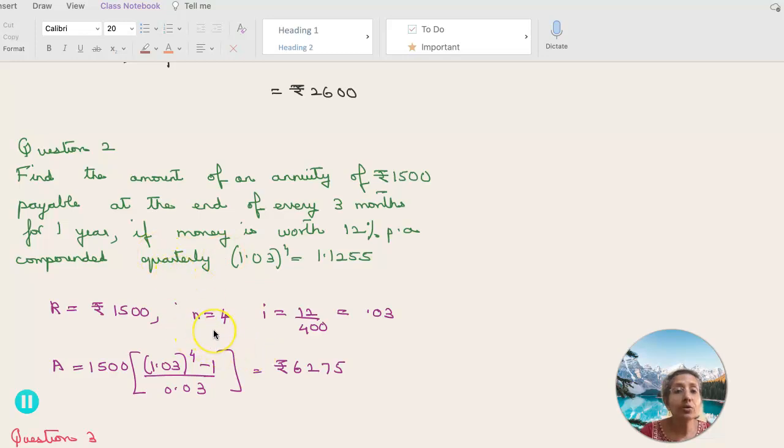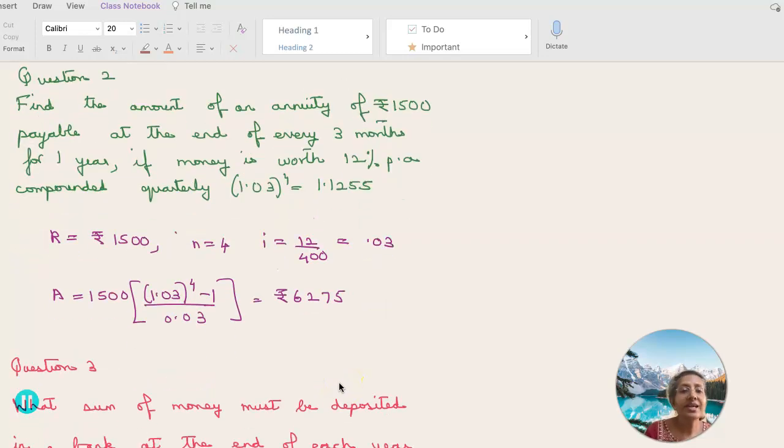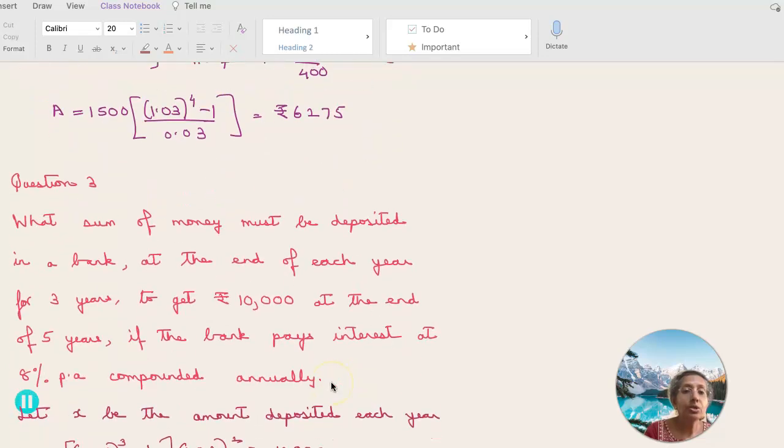So you get n equal to 4 because 4 quarters in a year. And because it is compounded quarterly, i will be 12 by 400, which is 0.03. So this is what you need to note. Again, we use the formula A equal to R into (1 plus i) whole raised to n minus 1 by i. You get it as 6275.